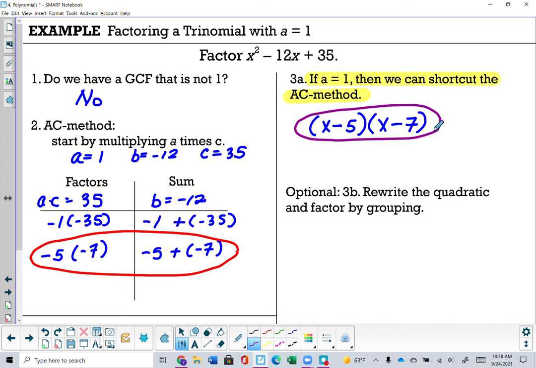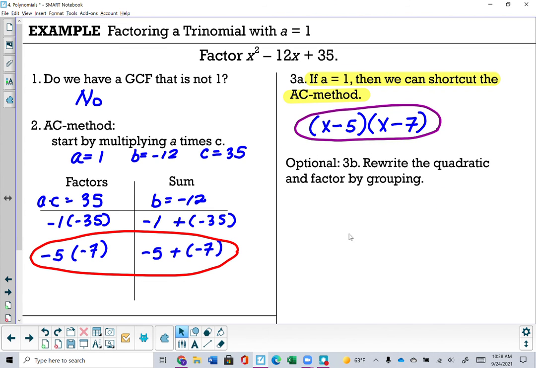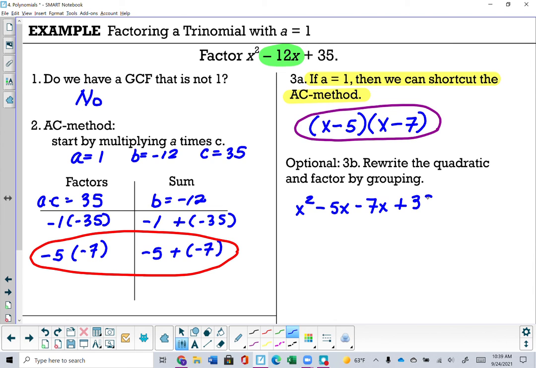Now, you might be in disbelief. Does that really work? Well, if you're in disbelief, let me convince you. Okay? So, previously we were rewriting this by rewriting our middle term. So we would have done x squared, and then we would have done minus 5x minus 7x plus 35.